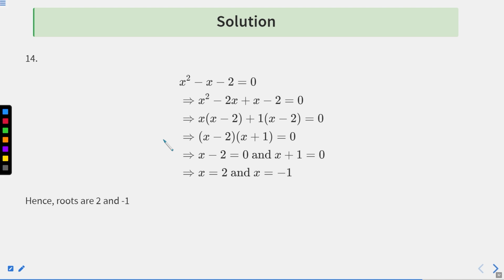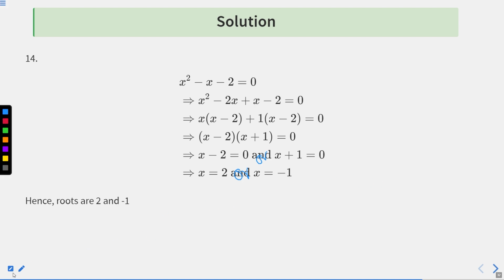It implies x times (x minus 2) plus 1 times (x minus 2) is equal to 0, and it implies (x minus 2) times (x plus 1) is equal to 0. So either x minus 2 is equal to 0 or x plus 1 is equal to 0. It implies x equal to 2 or x equal to minus 1. So the roots are 2 and minus 1.